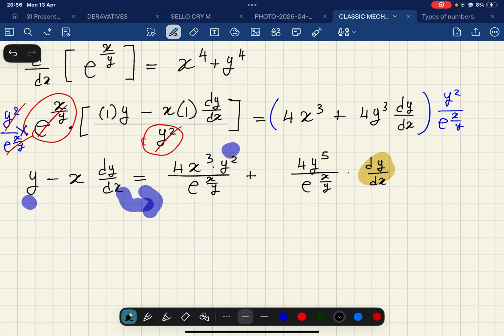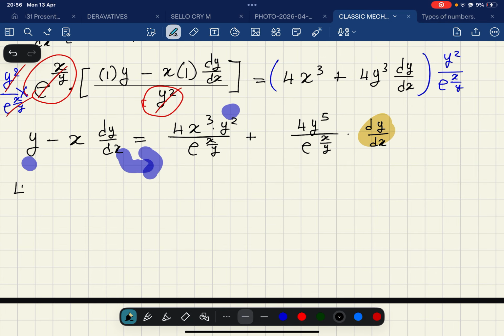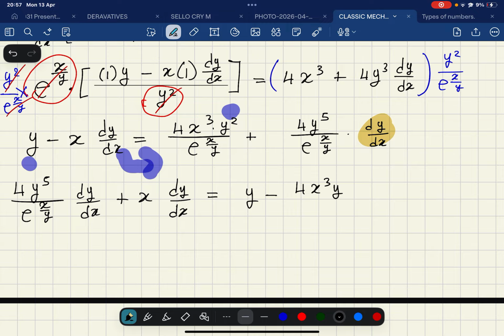So I will have 4y to the 5 divided by e to the x over y, dy over dx plus x dy over dx, which is equal to, don't forget, y minus 4x cube y squared divided by e to the x over y.